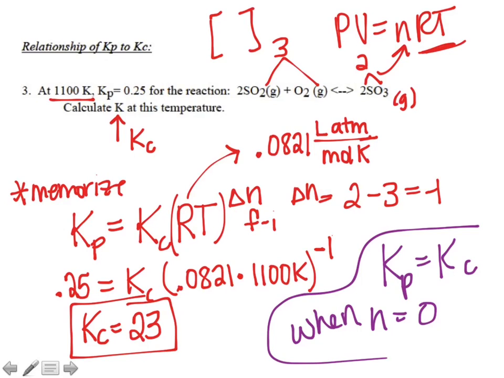So the first thing I would do is look and see what N is. Is N 0? If N is 0, then there's no calculations you need to do. All you need to do is say Kp equals Kc because the change in moles of gas equals 0. So always check N first.